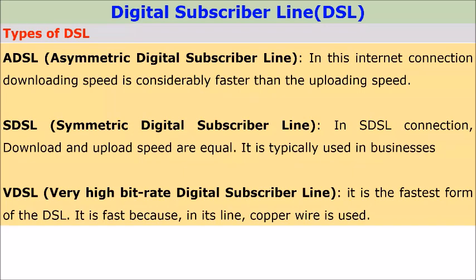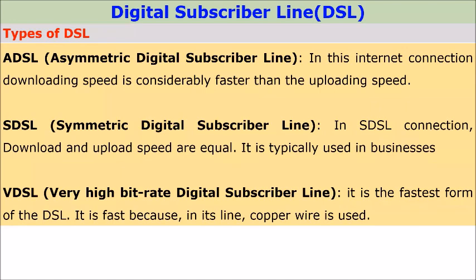The difference is, if you consider ADSL, there are differences in download and upload speeds. If you consider ADSL, their download speed is faster than the upload speed. Therefore, mostly personal, common users use this ADSL one because they are mostly doing downloading. Right?